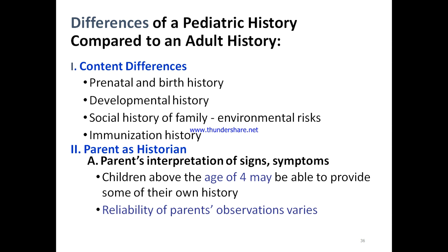The other thing is the social history of the family, especially environmental risk factors which may expose a child to health problems. The other content difference of pediatric history from adult history is that in adults we are not emphasizing immunization history, but immunization history is a most important and crucial part of pediatric history.